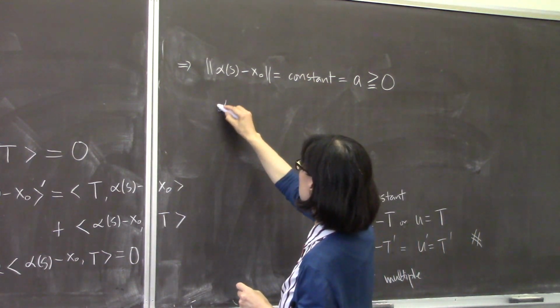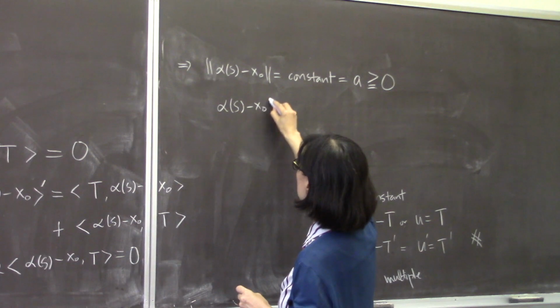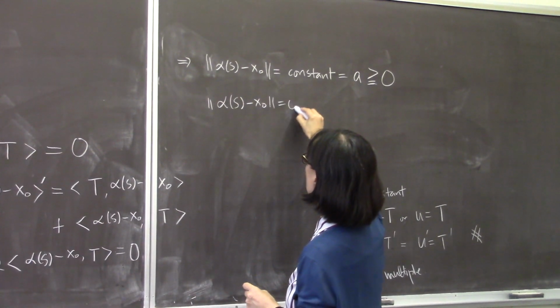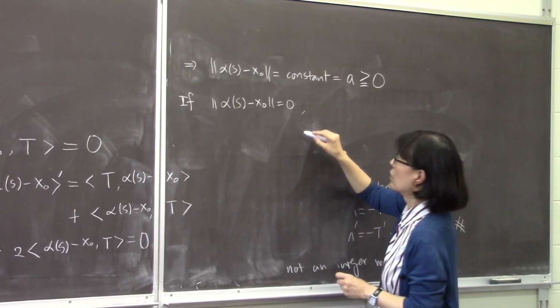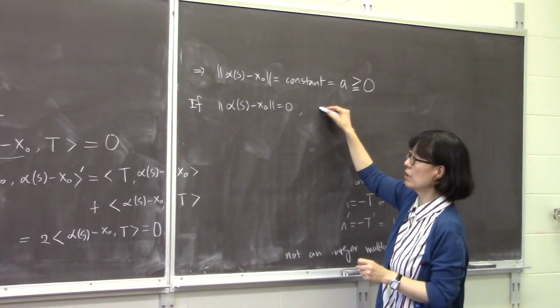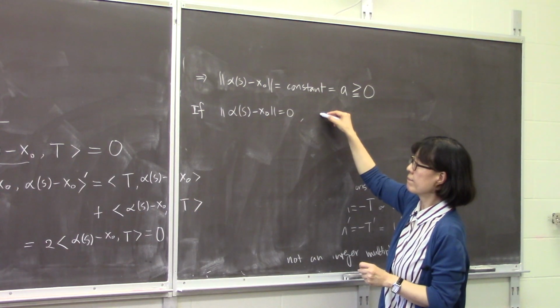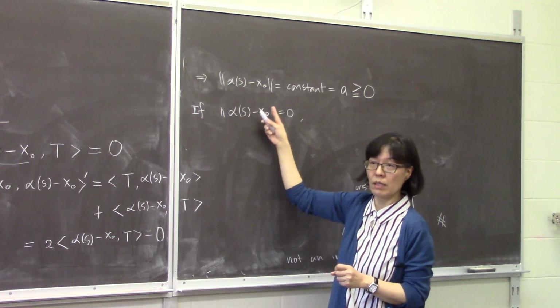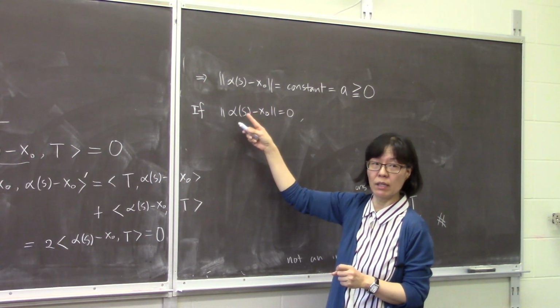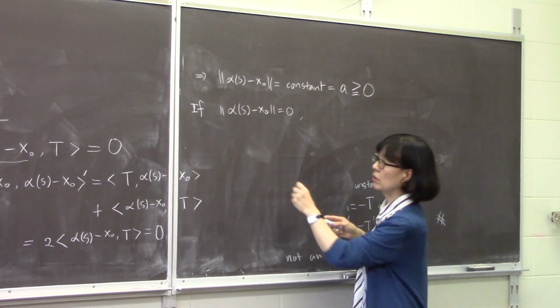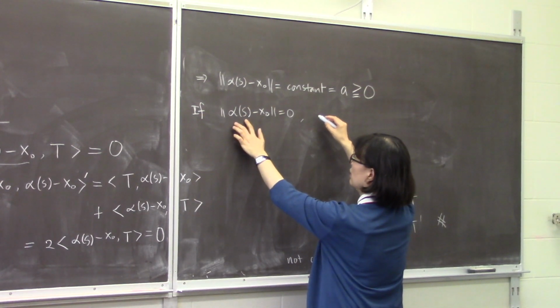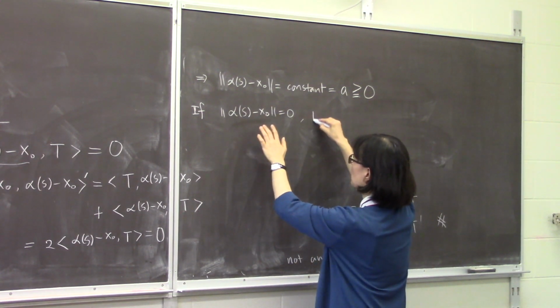But let's see what happens if the magnitude is 0. If the magnitude is 0, then what is the case? Then this has to be equal to 0, right?